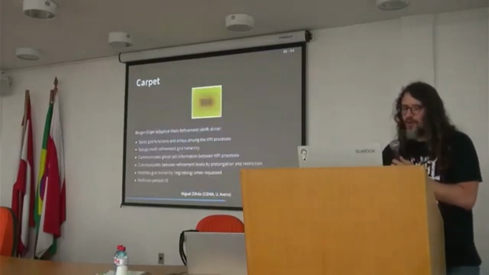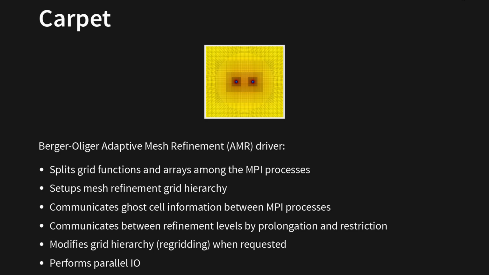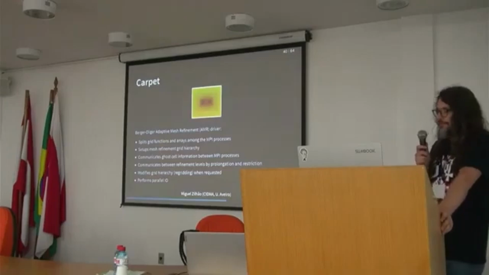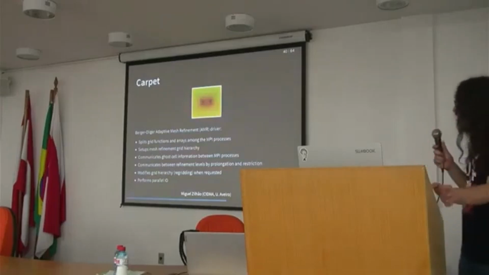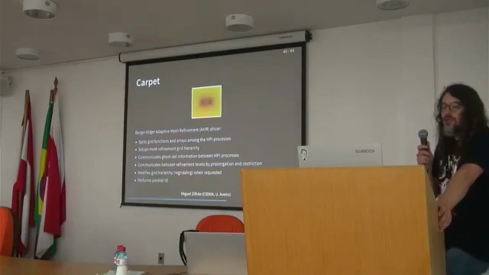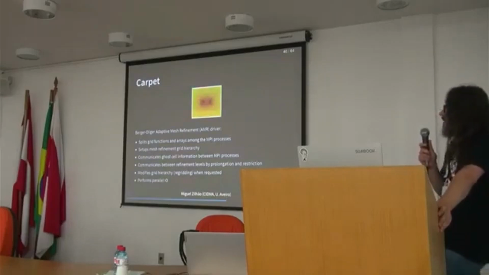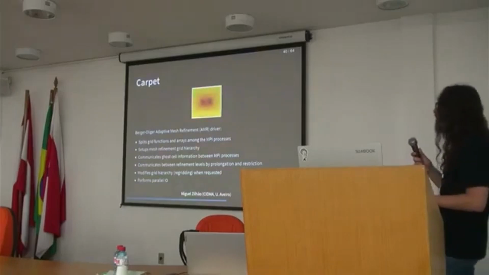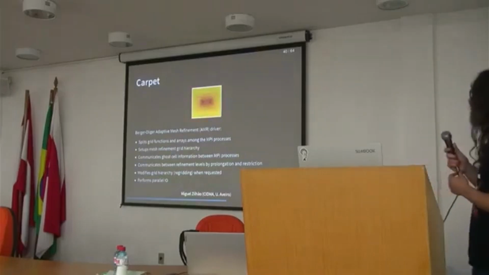Now, one of the important components, as I was saying in the beginning, is the mesh refinement library. The mesh refinement library within Cactus, or within the Einstein Toolkit, is known as Carpet. Carpet implements a Berger-Oliger style adaptive mesh refinement driver.